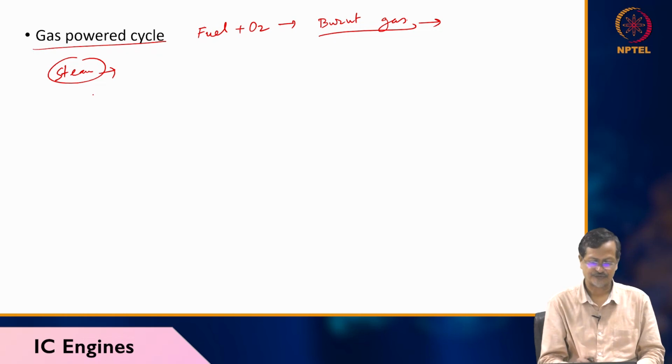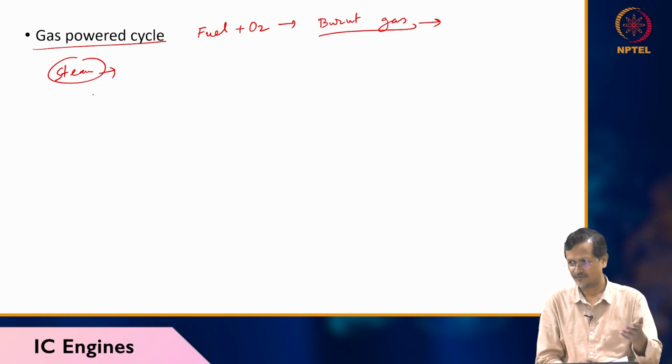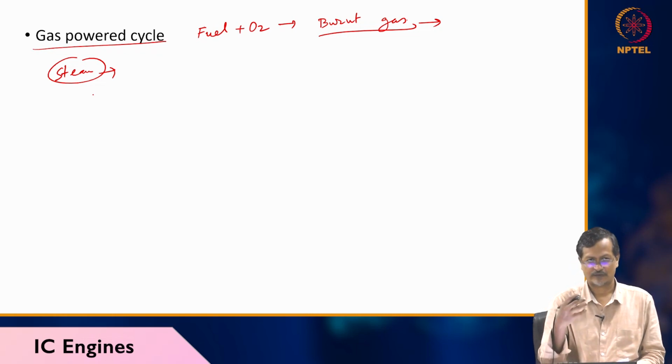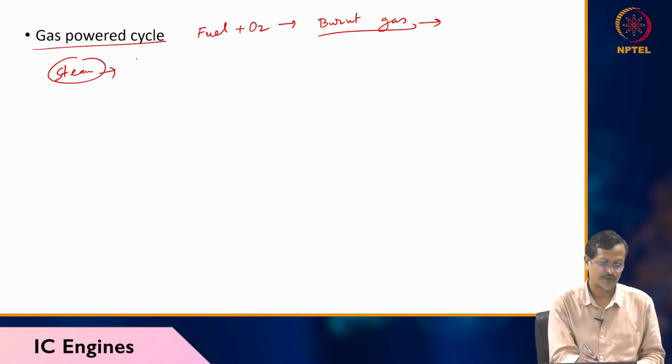In steam powered, especially a steam engine, coal or any fuel will be burned, and that fuel gives heat to water, water is heated up and produces steam, and that steam runs your turbine system. So it's called a steam powered system.